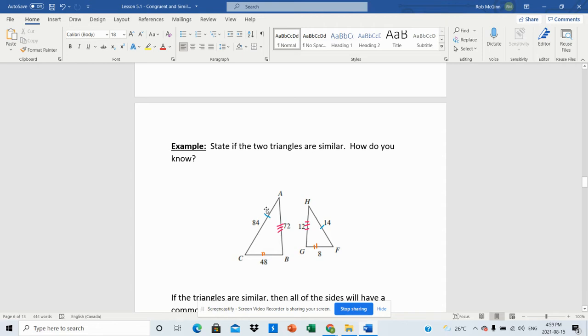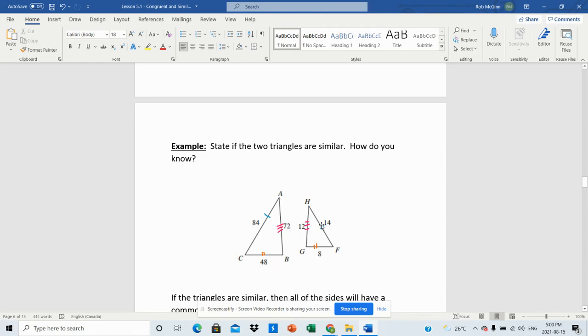But I matched up the sides. The other strategy, if you know all the side lengths of both triangles, is that the smallest side length in the small triangle will correspond to the smallest length in the larger triangle.